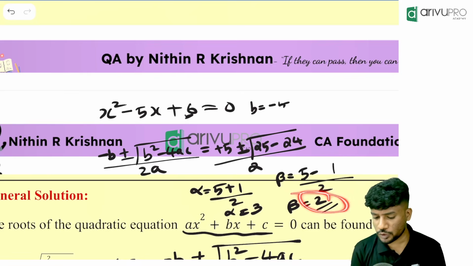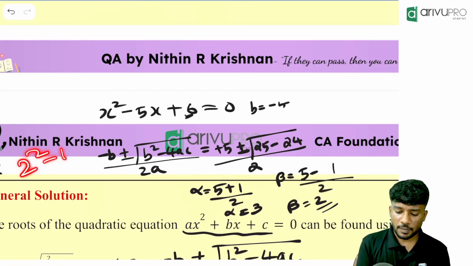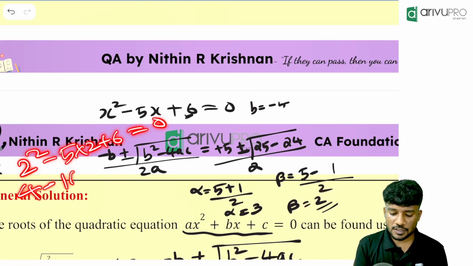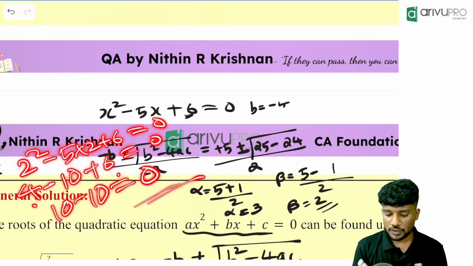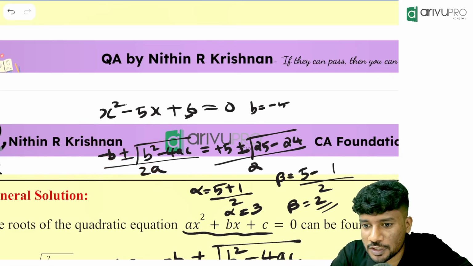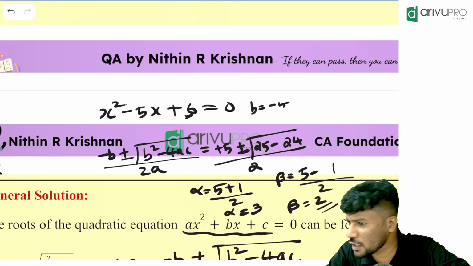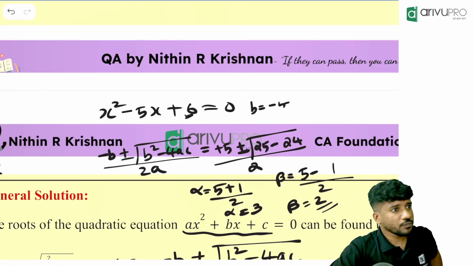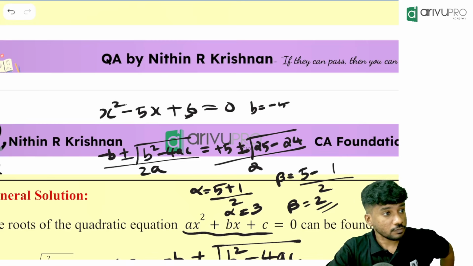Put x is equal to 2. 2 square minus 5 into 2 plus 6 is 4 minus 10 plus 6, which is 10 minus 10, equal to 0, which is equal to your RHS. Understood the base? Everyone is clear with it? Soumya, is it clear for you? Rest of you?